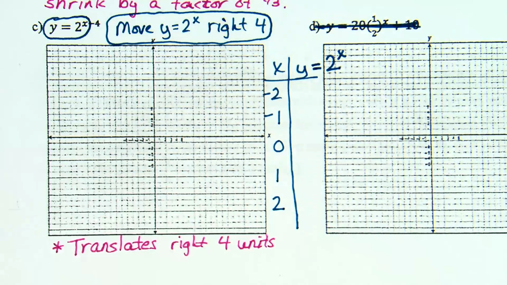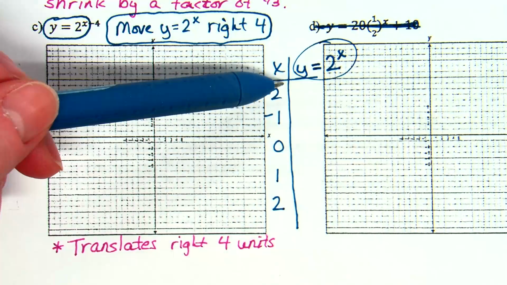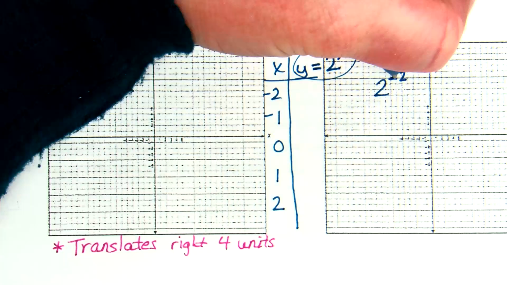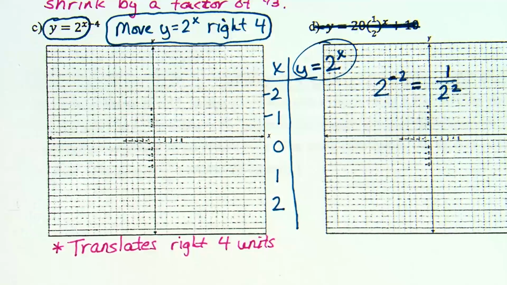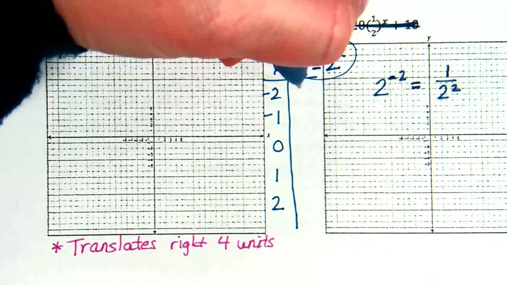If we put in -2, what is 2 to the -2? How do you get rid of that negative exponent? Make it 1 over 2 to the +2nd, which makes this what? 1/4.